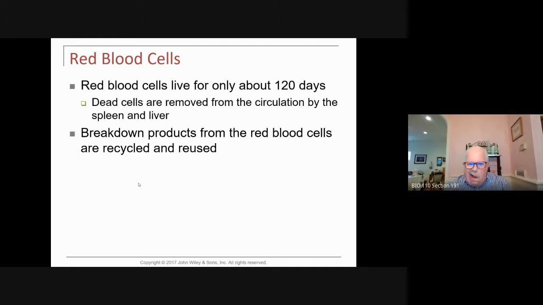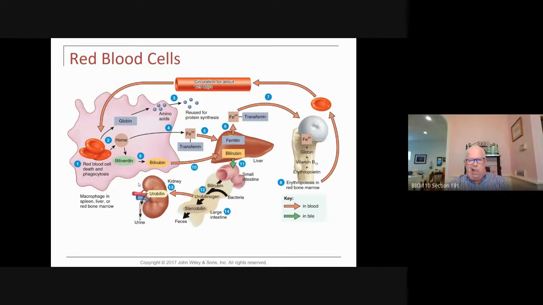These dead red cells that die are removed from the circulation by two very important organs. One is the spleen and one is the liver. The breakdown products are recycled and reused. This slide, which is another important slide, shows you that when the red cells die, they break up into protein.